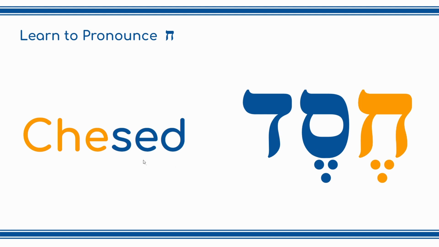And this ending part here is sed, sed. So chesed, chesed. And you can try to combine it with the eh sound and say this word finally. So this is how you can try to learn the letter Chet.